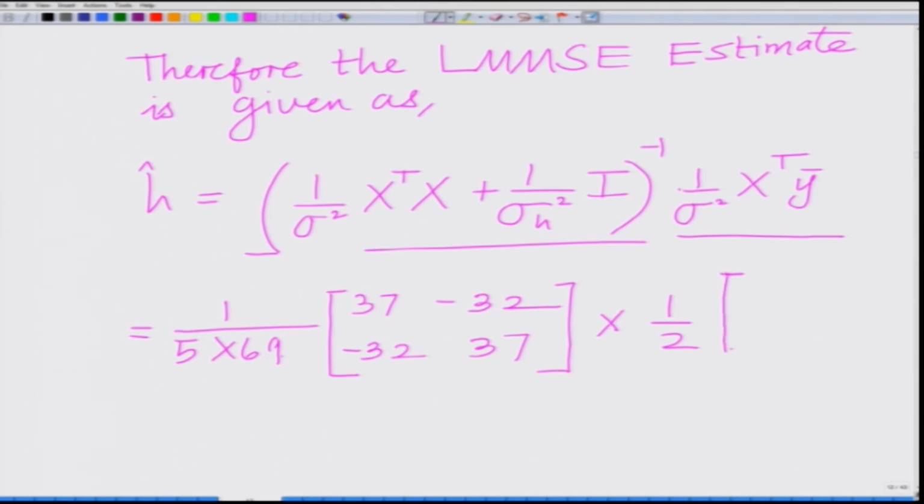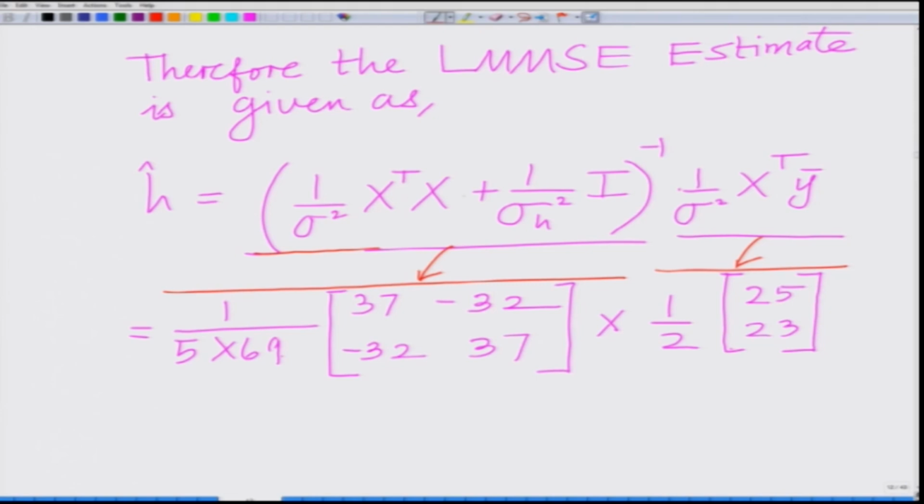It should be clear to you that this is basically 1 over sigma square x transpose y, and this quantity is basically 1 over sigma square x transpose x plus 1 over sigma h square I, inverse. Okay.